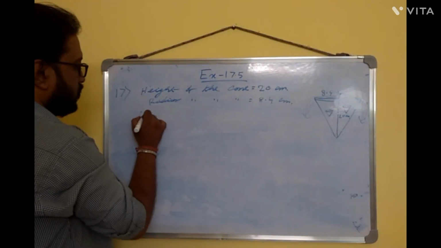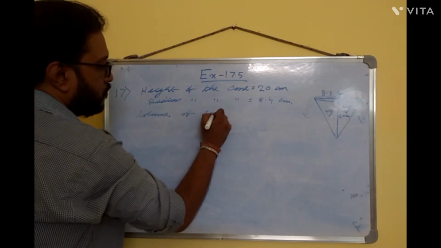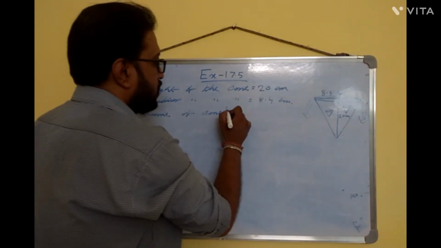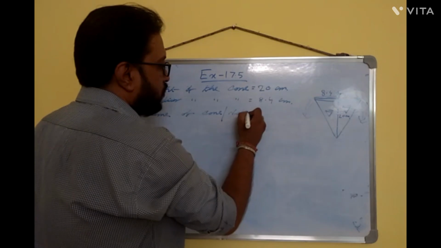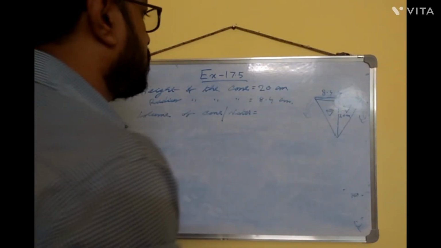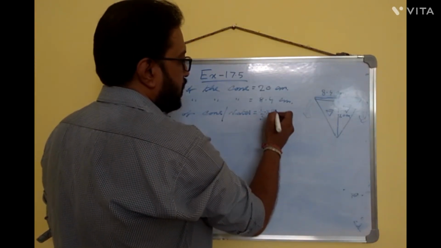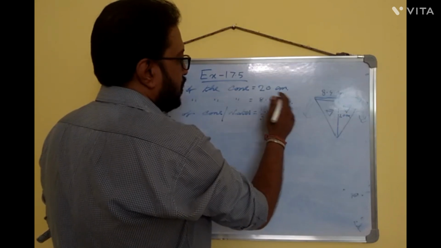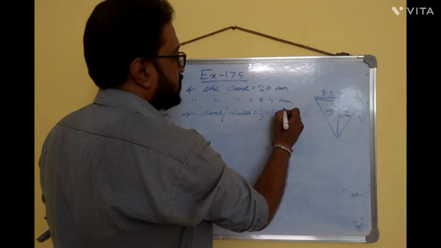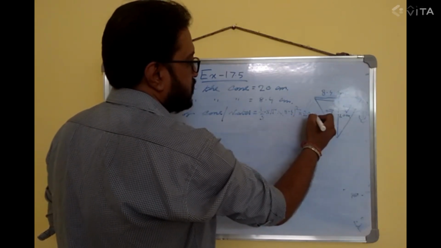So volume of cone, or I can write volume of water as well. Both are same because inside the volume the water is kept. 1/3 pi r square h. R square means 8.4 whole square into 20 centimeter cube.